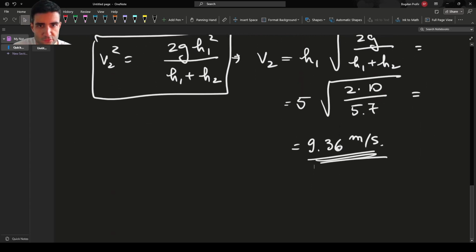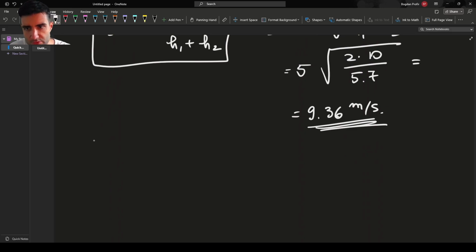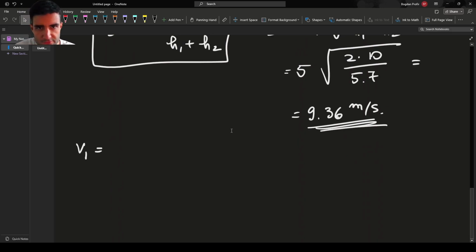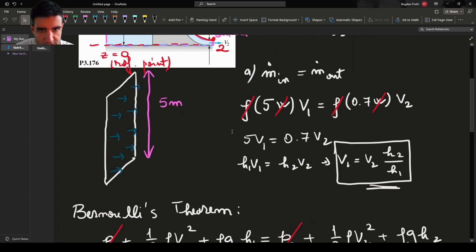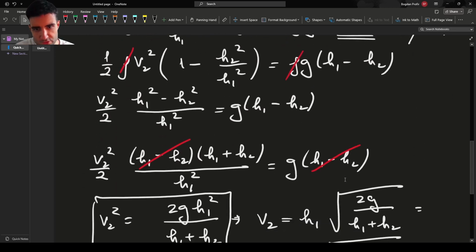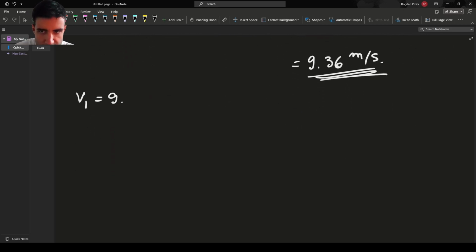So for this force, what I would do is find V1. So V1 is first going to equal V2 times H2 over H1. So that is 9.36 times 0.7 over 5. And we expect V1 to be less because it's going through a higher surface area.